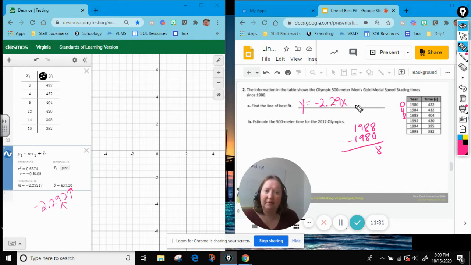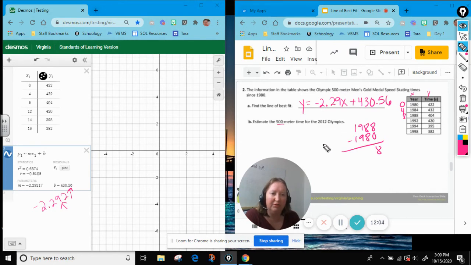Okay, X, and then plus 430.56. Okay, now that's our line of best fit. Then it asks you to apply this information to make an estimate. Estimate the 500-meter time for the 2012 Olympics. Okay, well, years, those are X values.